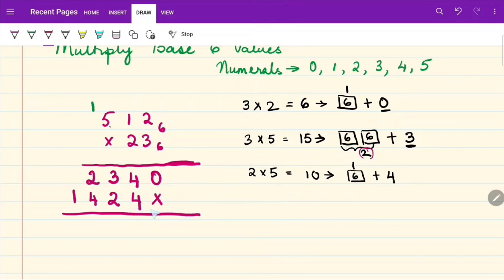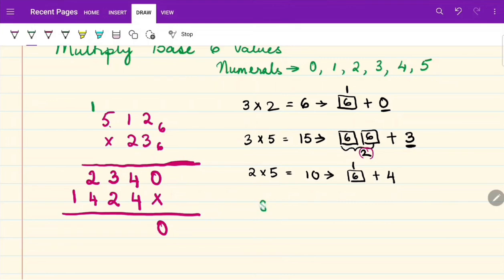All right. And now we have to perform the addition of these 2 rows that we just got from the multiplication. Again, when adding, we may have to do some carryover. So again, those rules of addition may apply here. So 0 plus 0 is a 0, all right, so I'm going to write that 0. Next is 4 plus 4 is 8, but 8 is outside the range of numerals here, so we have to use the bundling process.